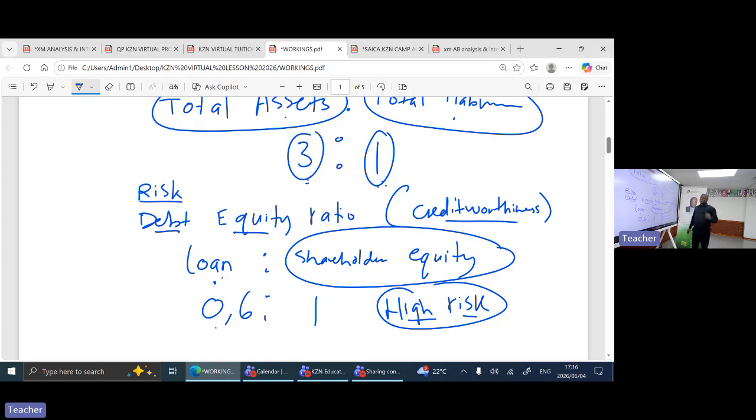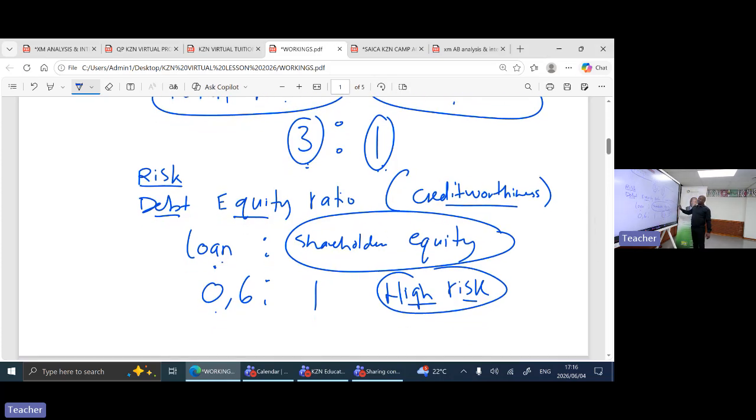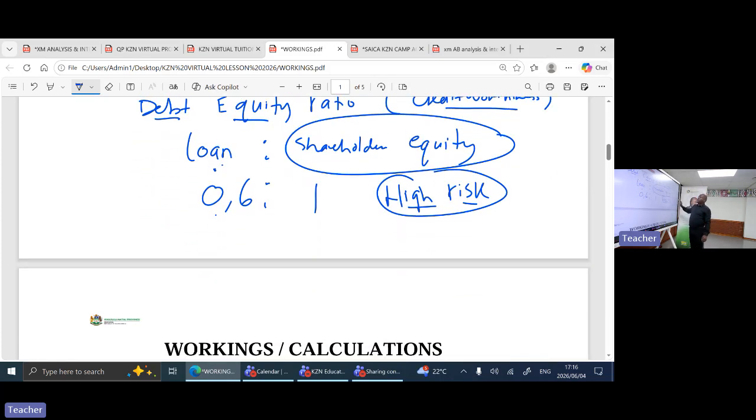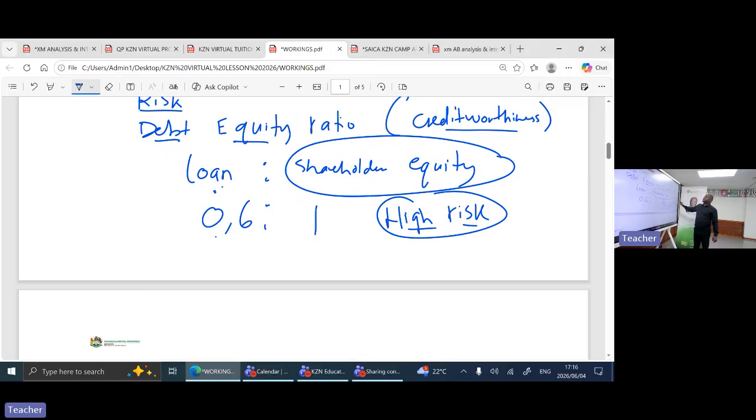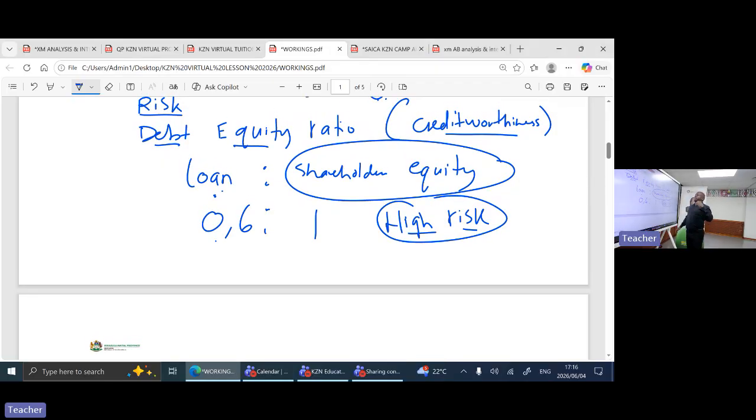We will do this when we answer our questions, to see how we comment on the debt equity ratio. But you must remember that the debt equity ratio checks the creditworthiness of the business. Can we continue to take more loans, or can't we because maybe we have high risk, and so on?